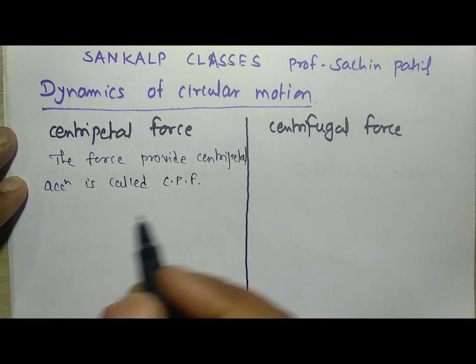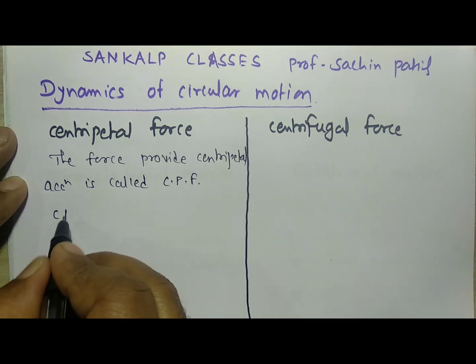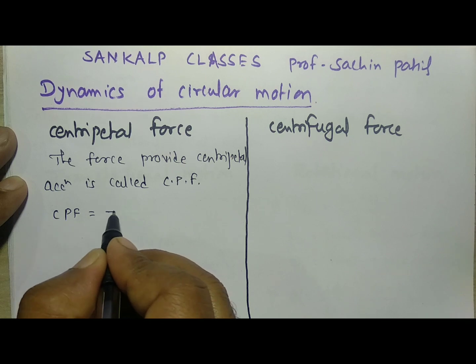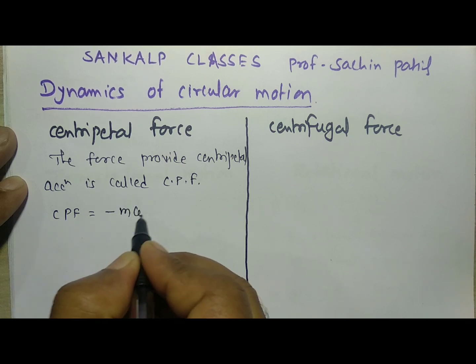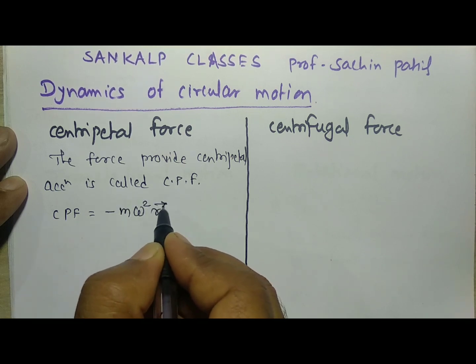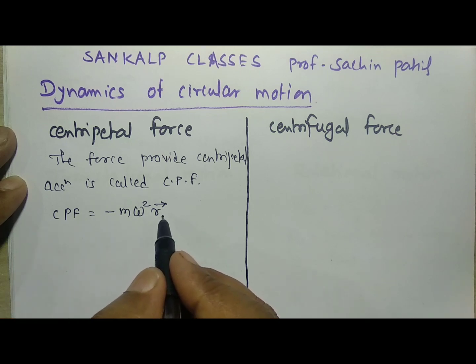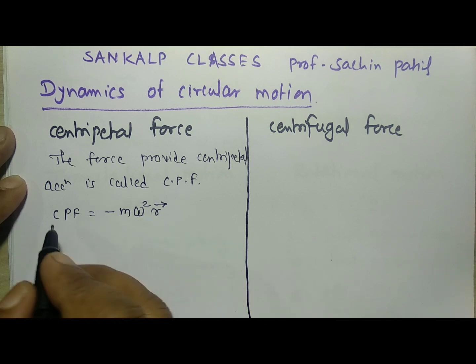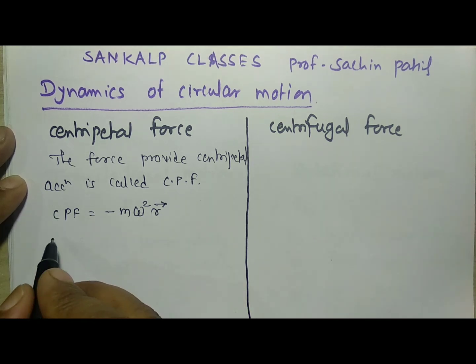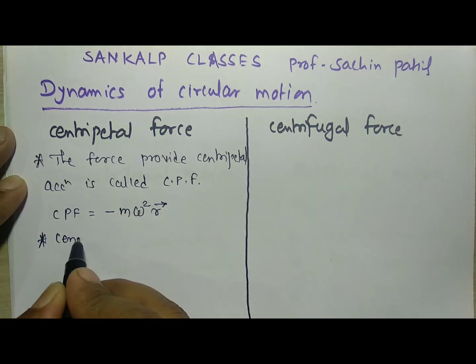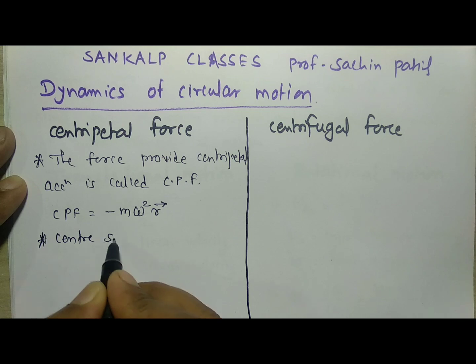That force is called the centripetal force, and the centripetal force is given as minus m omega square r bar. The negative sign indicates that the centripetal force and the radius vector are opposite to each other, and the centripetal force is a center seeking force.